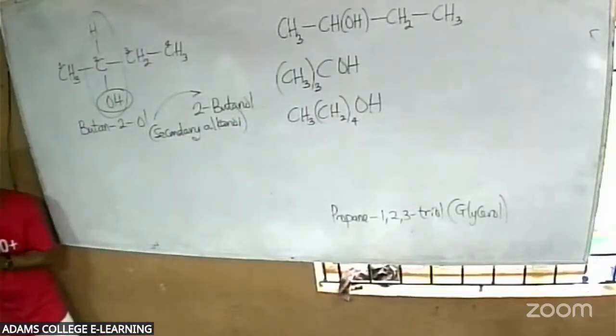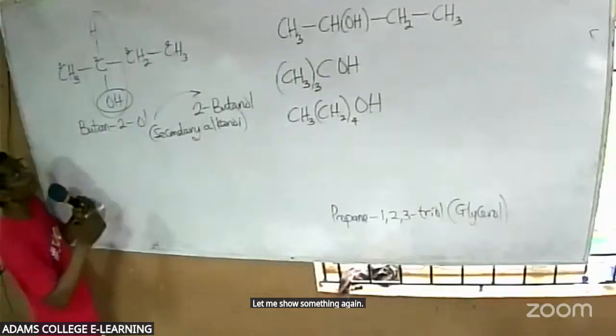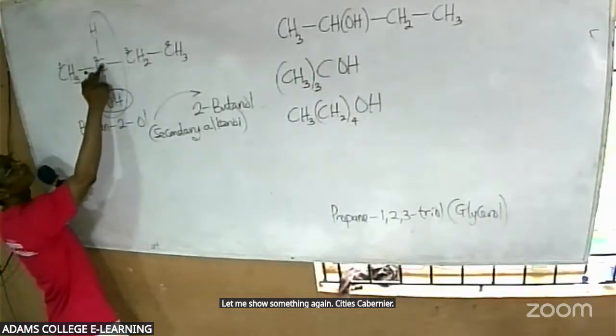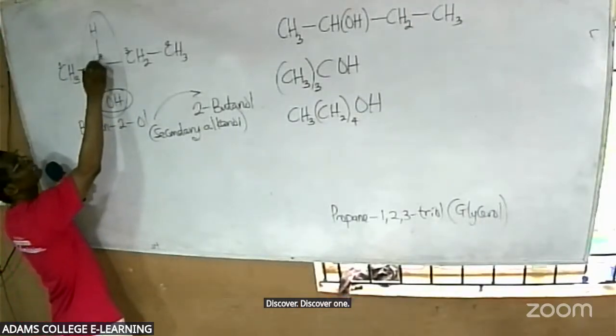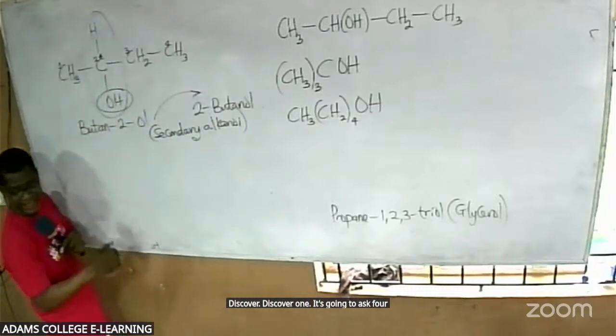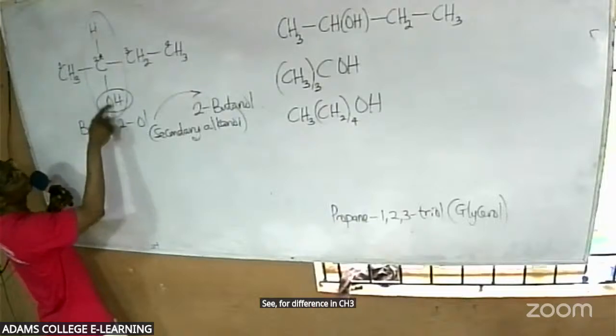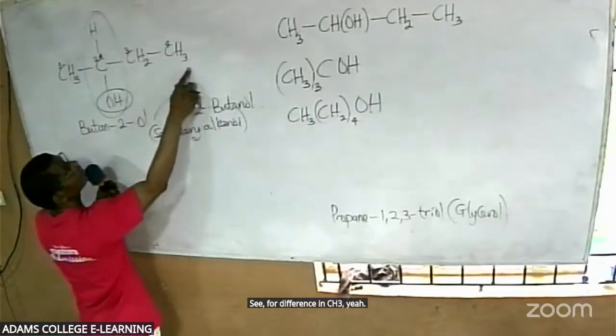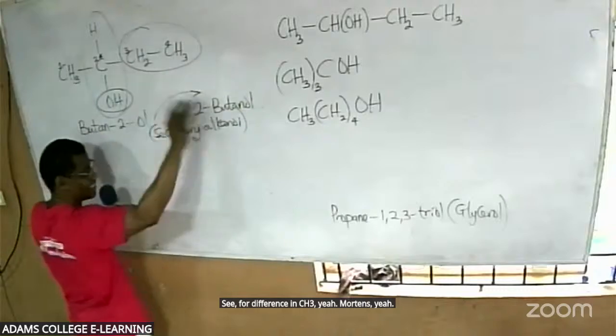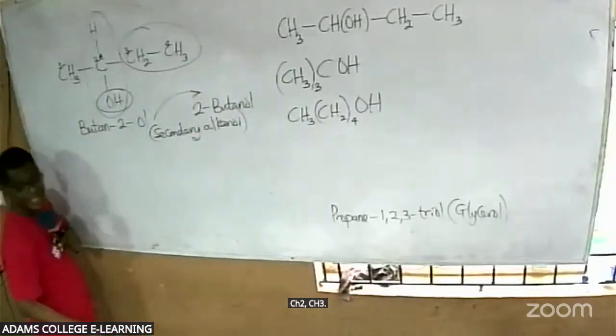Class, let me show you something again. See this carbon here. Look up. This carbon has 4 different things surrounding it. Can you see that? CH3, what is here? CH2, CH3. I'm not complicating.